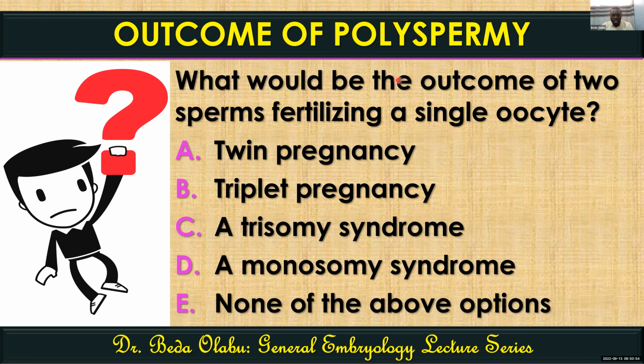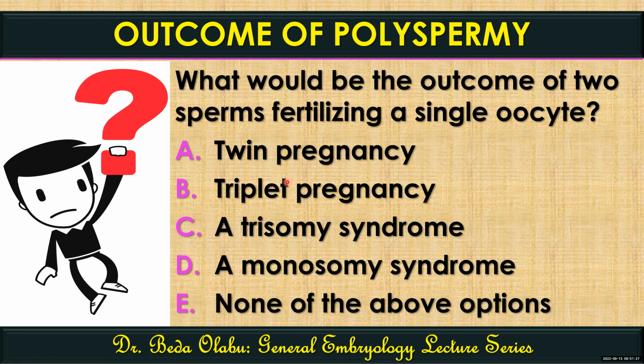Okay. Now, interesting enough, only one person got it right, and that person is Suada. Suada, you got it right. Tell us, what was your thought process? My thought process was that twin pregnancy is whereby one ovum is being divided first, then triplet is where one ovum.